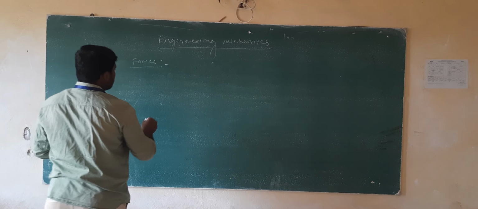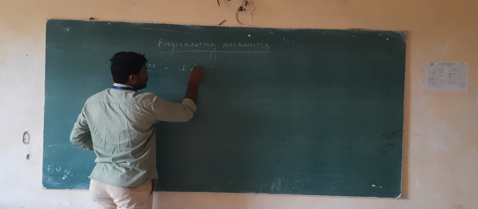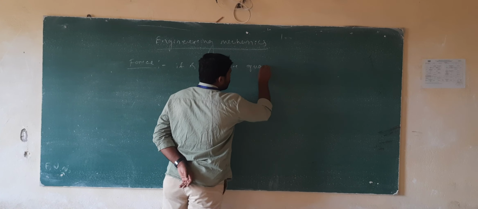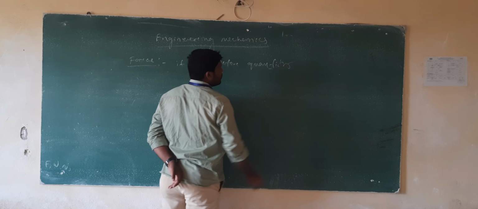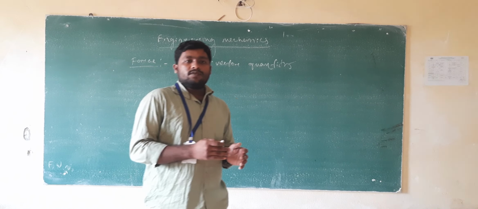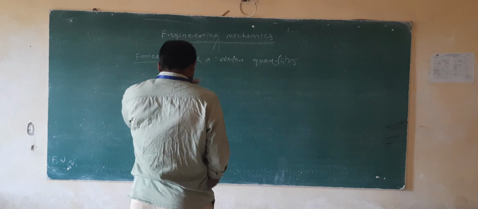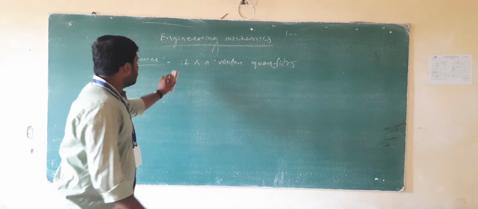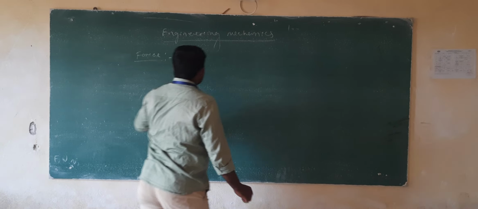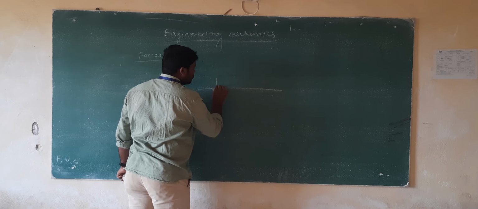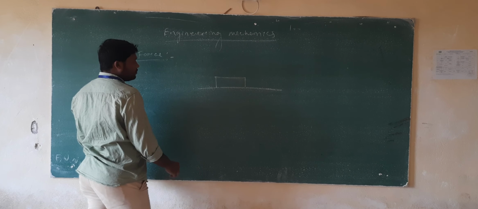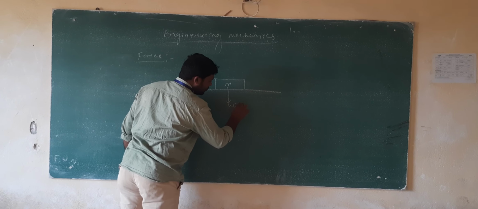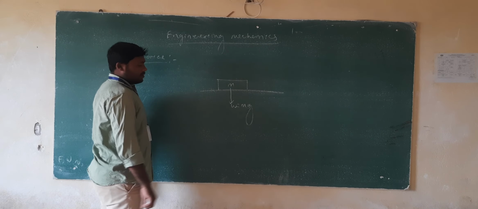Force is a vector quantity because it has both magnitude and direction. Suppose there is an object; it has a mass m. This is weight, equal to mass into acceleration due to gravity.